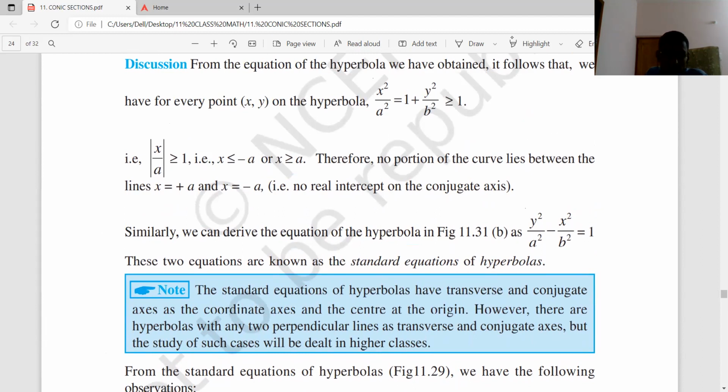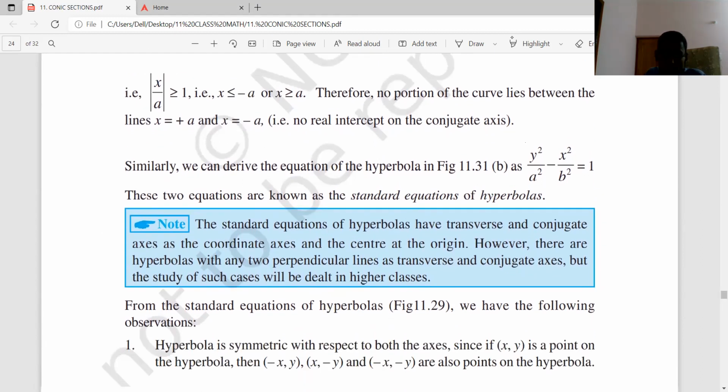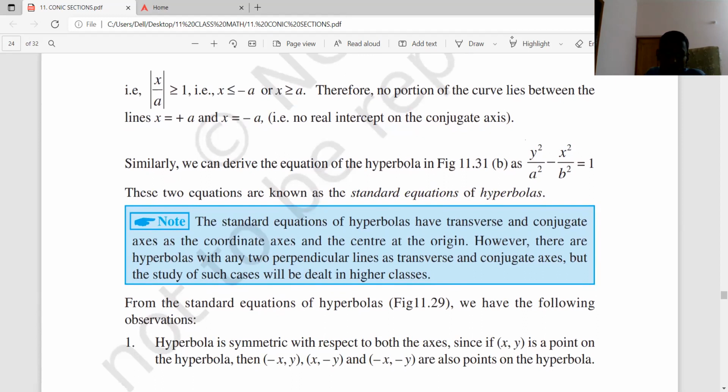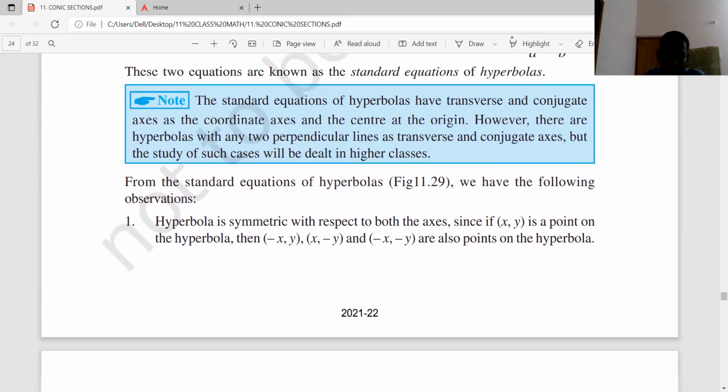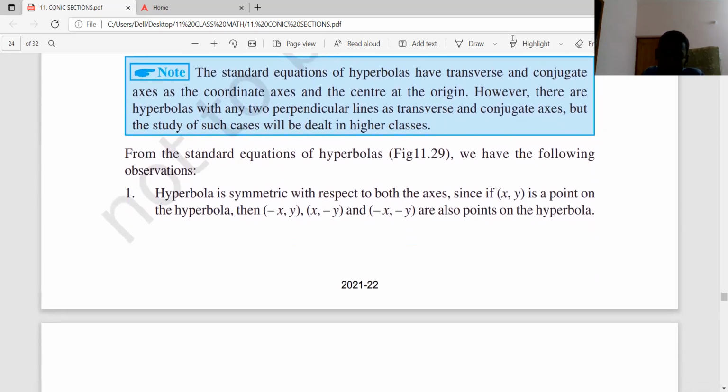Okay, some discussion is given here. These are standard equations of hyperbolas. Like yesterday, standard equations of hyperbolas: transverse and conjugate axis are coordinate axes, center is origin.